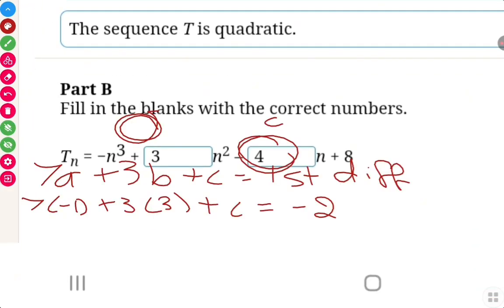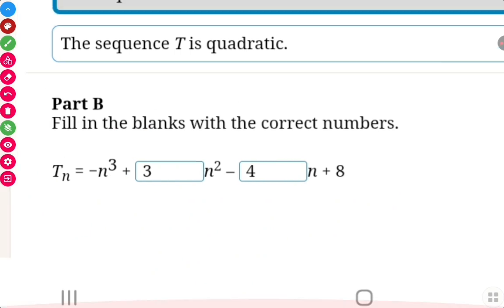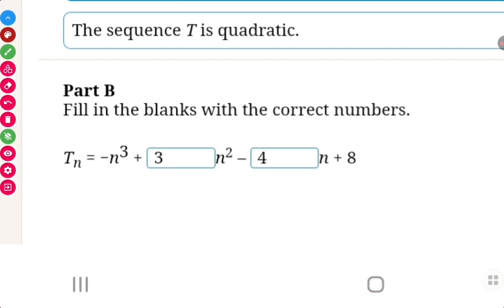We solve the equation: 7 times negative 1 plus 3 times 3 plus c is equal to negative 2. That gives 2 plus c equals negative 2, so c is equal to negative 2 minus 2, which is negative 4. They already wrote the negative sign for us.